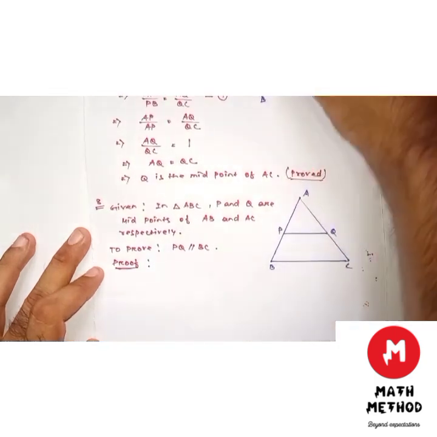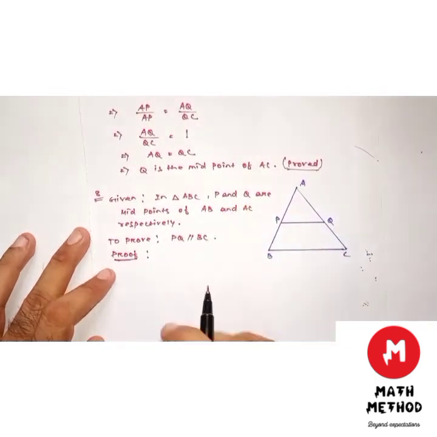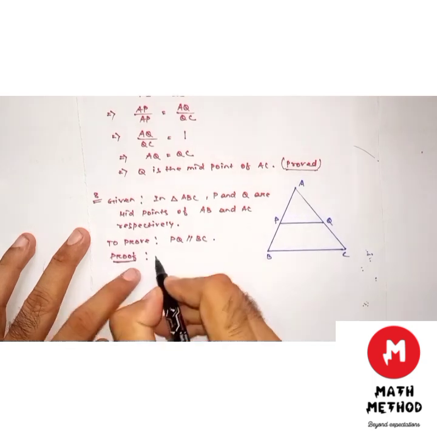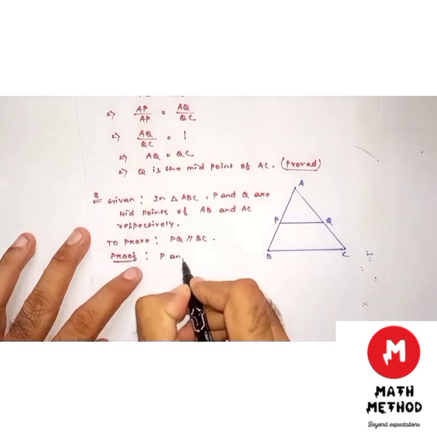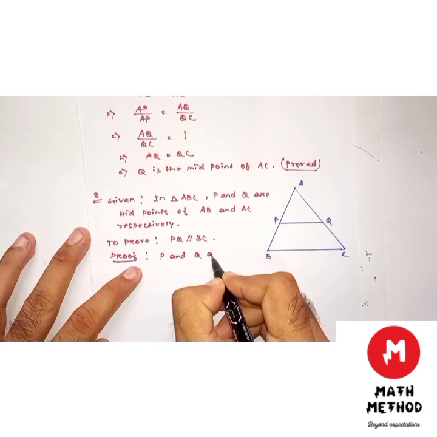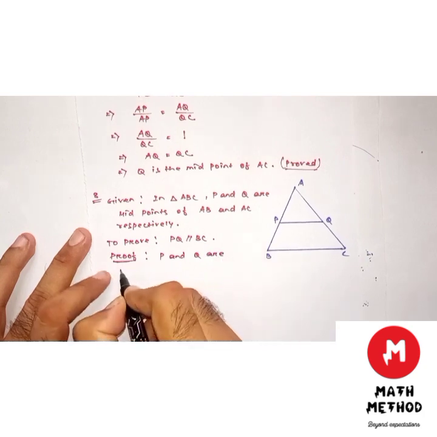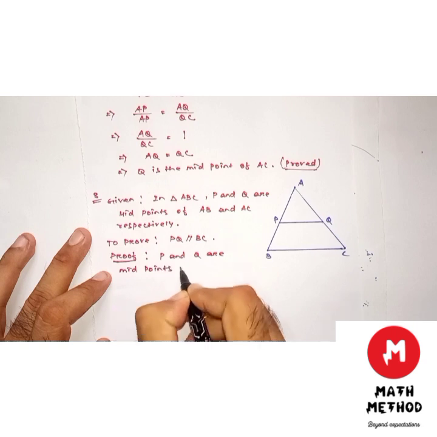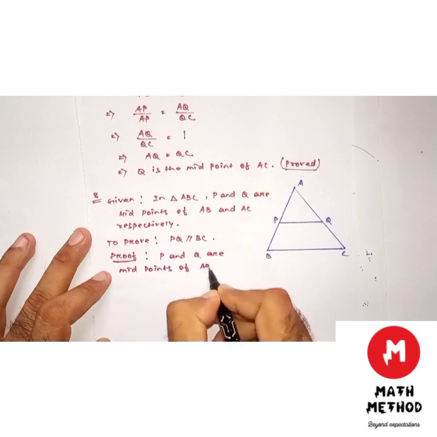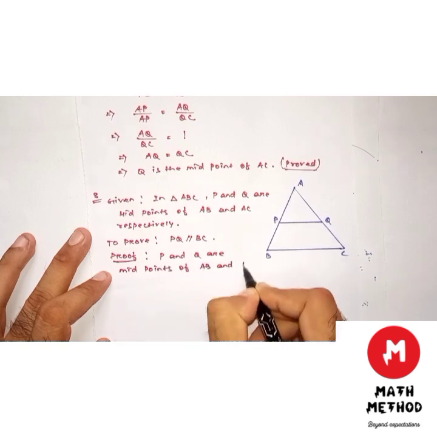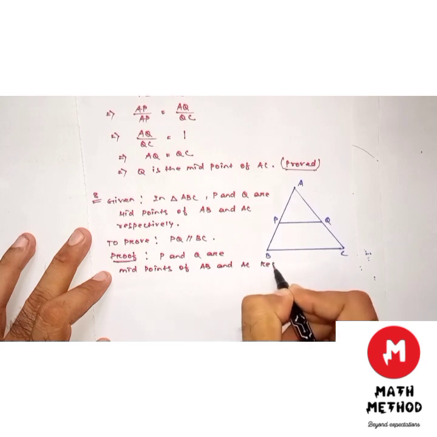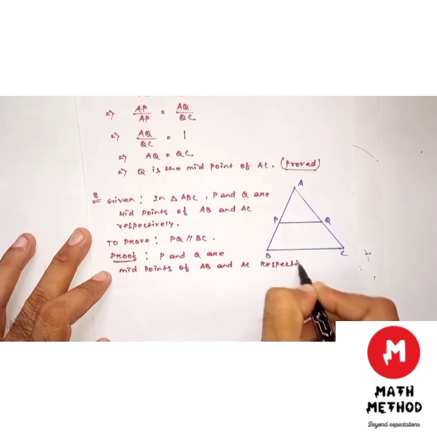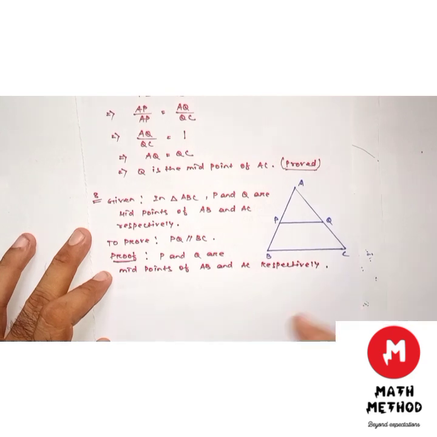Now it is given that P and Q are midpoints of AB and AC respectively. Clear?